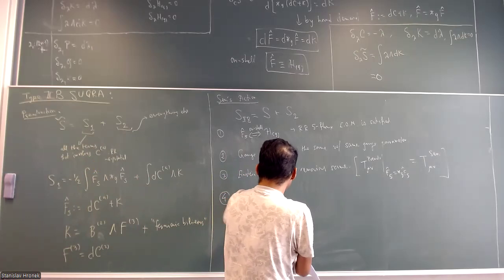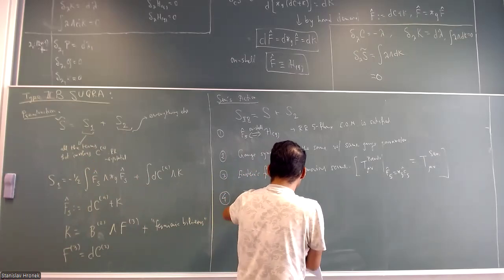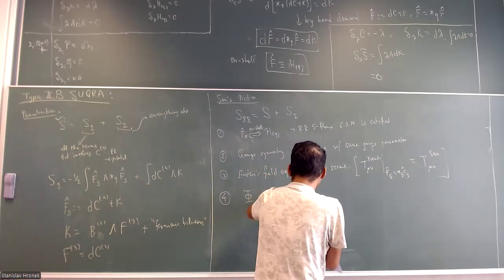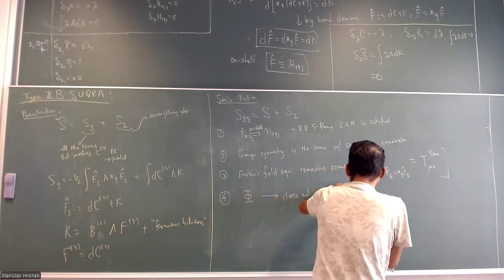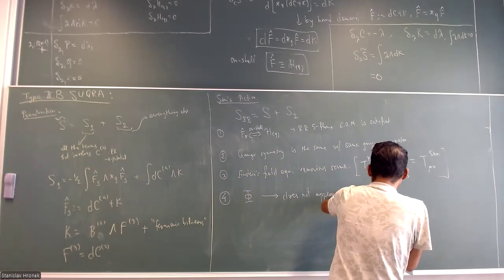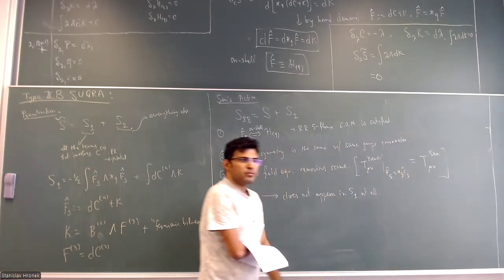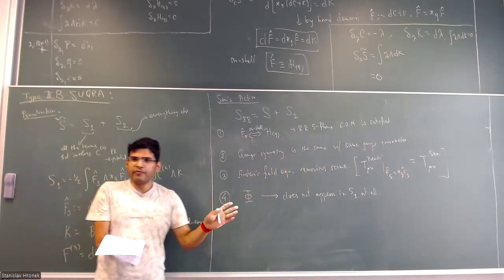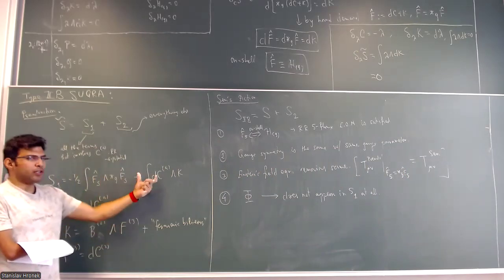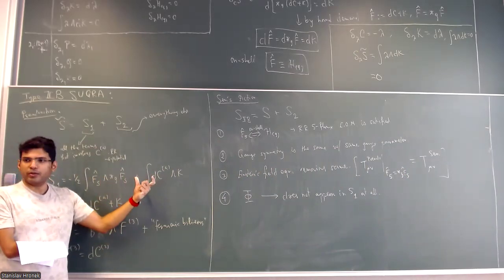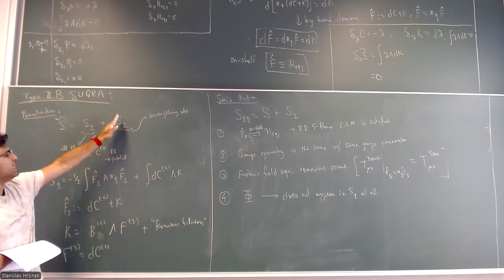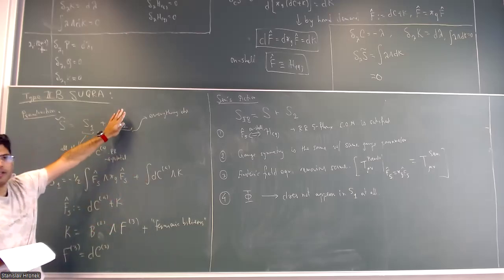One class does not appear in S1 at all. So there are some supergravity fields which are not making an appearance in S1 at all. So all of their kinetic and interaction pieces are sitting in S2.